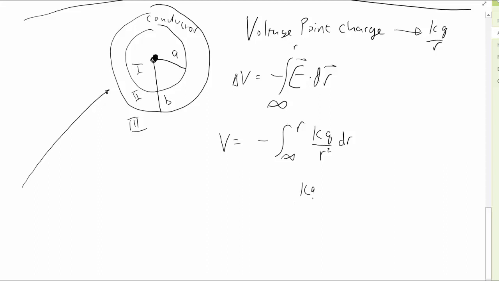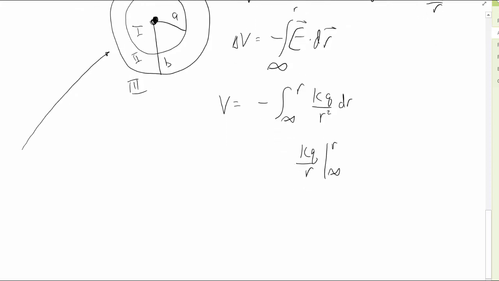So we get KQ over R from infinity down to R, and then you get KQ over R. Okay? Because when you take KQ divided by infinity, that gets you to zero. So this is the simpler problem.